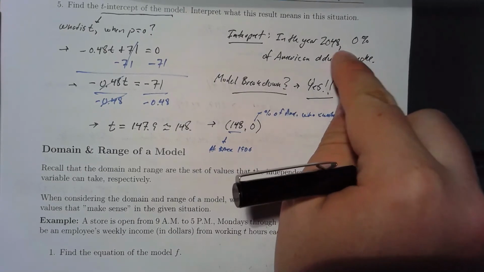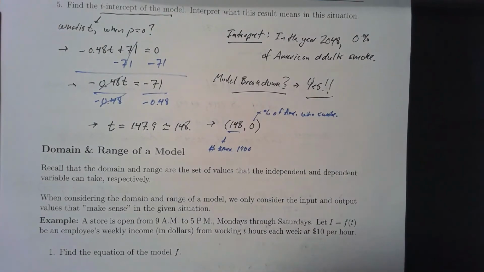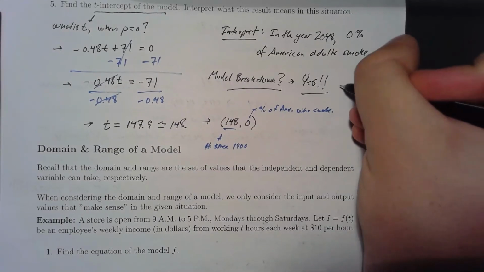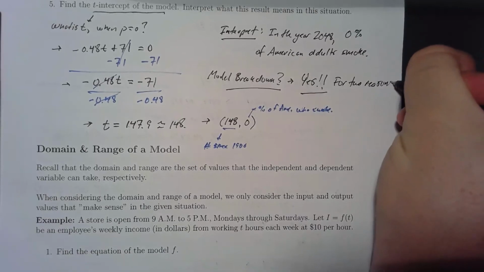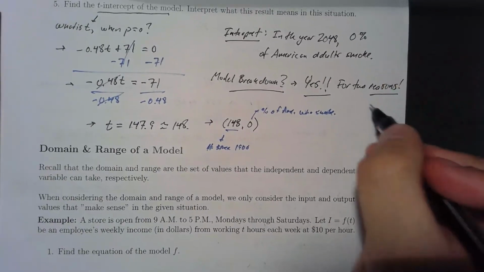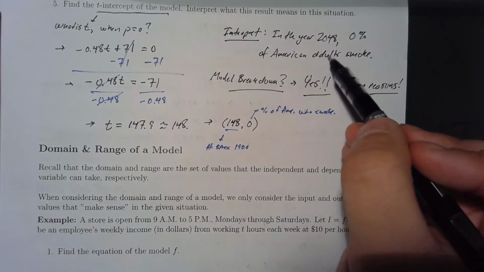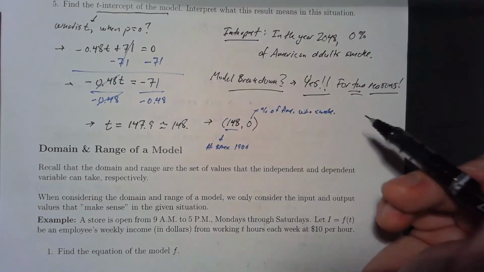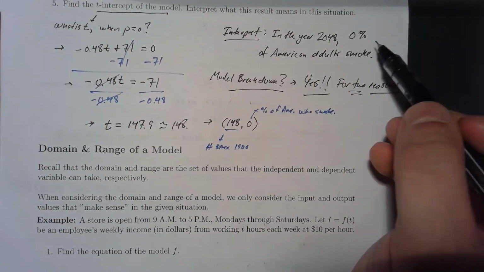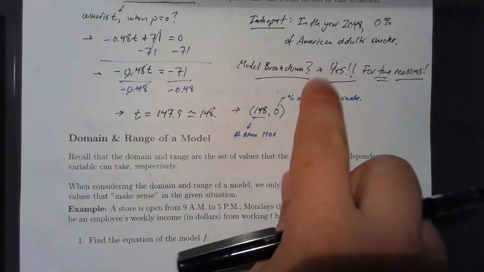Or well, smoke in general, right? Not specifically cigarettes, but you get the idea. This is model breakdown for two reasons: because some people in the future will smoke, and also because this result itself is just so far away. But more specifically, there's at least a few people in the future that will smoke. So yeah, this is model breakdown.